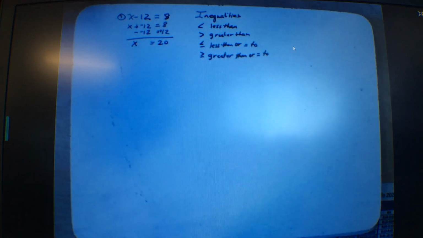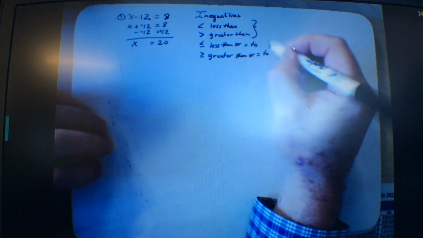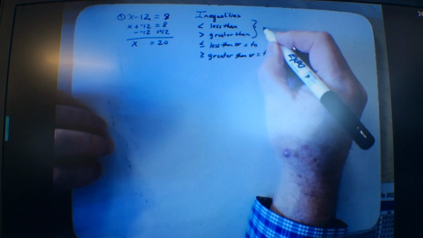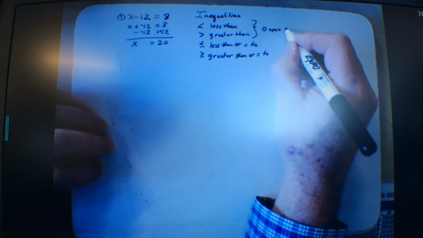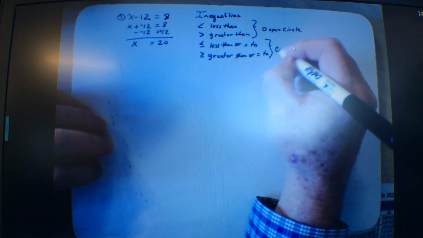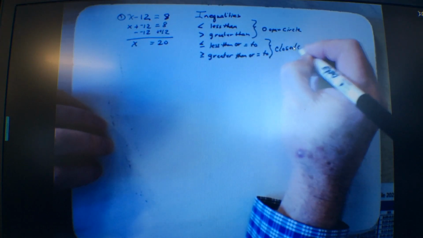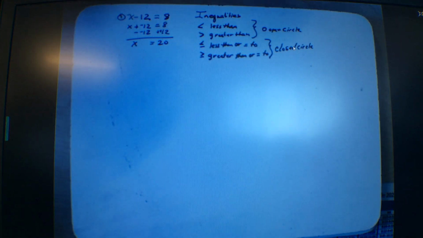Those are the four. Now, these two are different than these two. When we graph this, we're going to use an open circle. And when we graph today, we're going to use a closed circle. Now you're going to figure out what I'm talking about in just a little bit, but I wanted to get those out in the open.